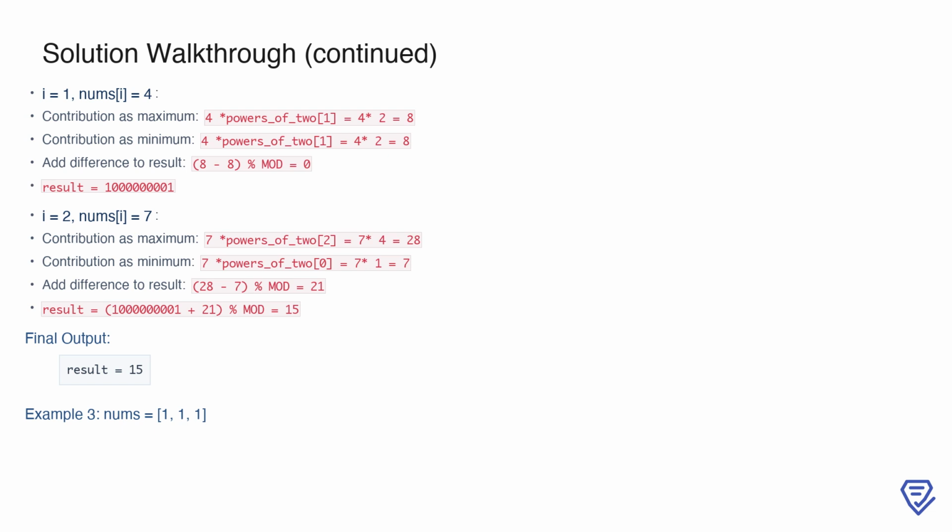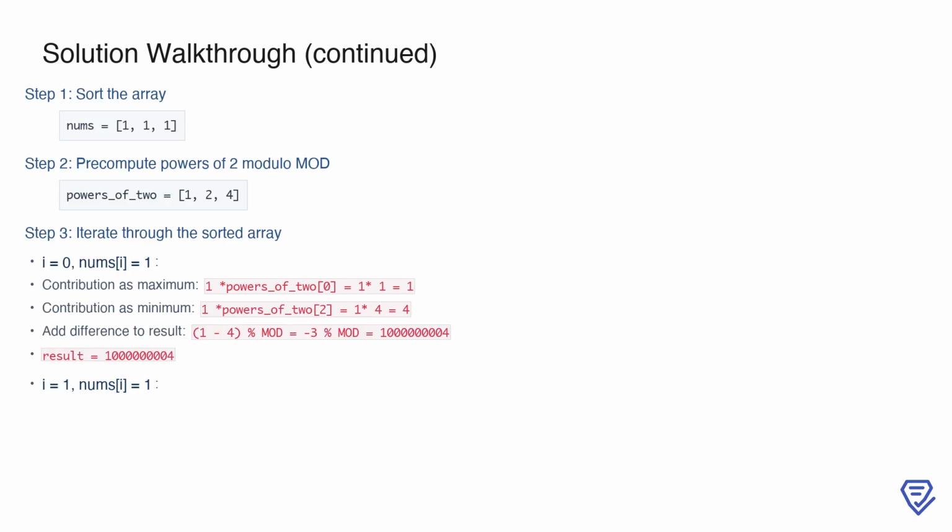Then, for nums[2] equals 7, its contribution as the maximum is 28, while its contribution as the minimum is 7. The difference, 28 - 7, equals 21. Adding this to the current result gives 1,000,000,001 plus 21, mod 10^9 plus 7, which simplifies to 15. Thus, the final output for this example is 15.